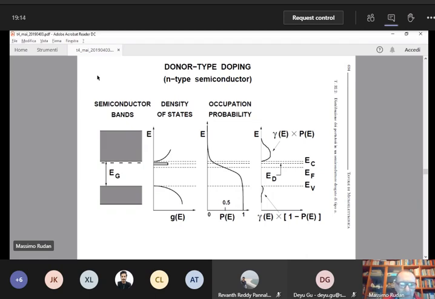The only difference being that besides the bands that are the same as for the intrinsic case, there are also additional energy states available for the electrons. And when we use a donor type doping, these energy states are placed in the band gap in the vicinity of the edge of the conduction band.